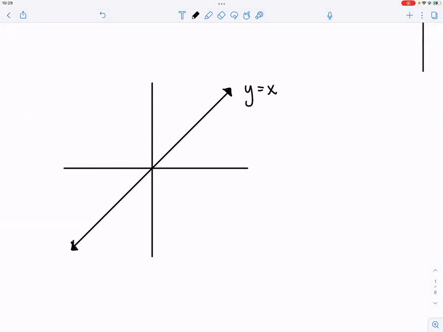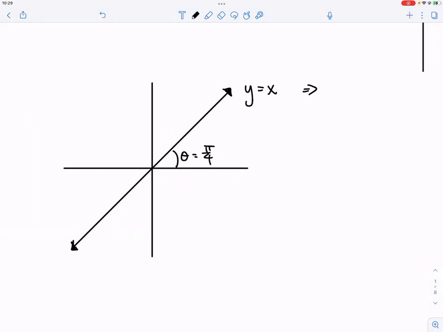What's this angle right here? If it's y equals x, it's 45 degrees, right? So that means pi over 4. Now we have a challenge. We've changed the point from rectangular to polar. Now, how do we change the equation from rectangular to polar?